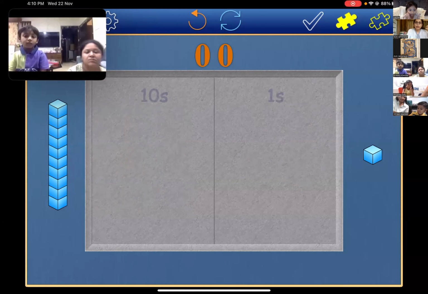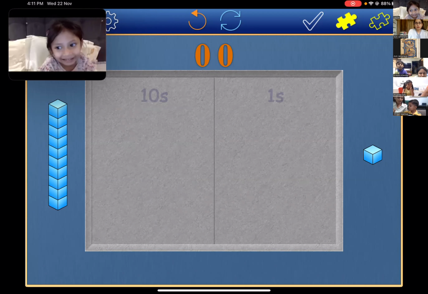Next is Laisha's turn. Laisha, are you comfortable in making a 46 for me? Can we try? I'll try. Okay. To make 46, how many 10s are we going to need? 6. Okay, let's make number 12. Laisha, how are we going to make 12? Look here.